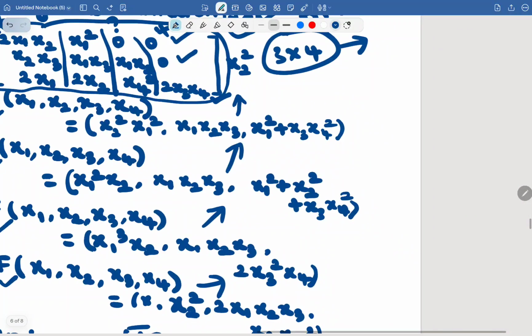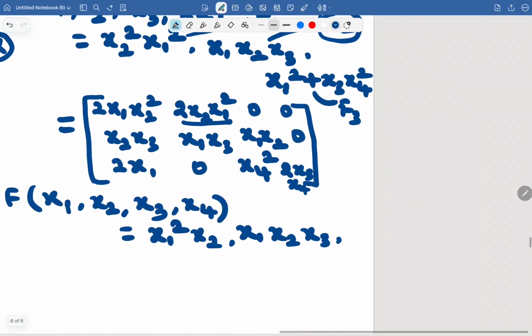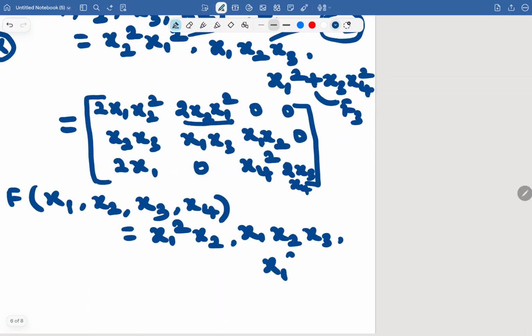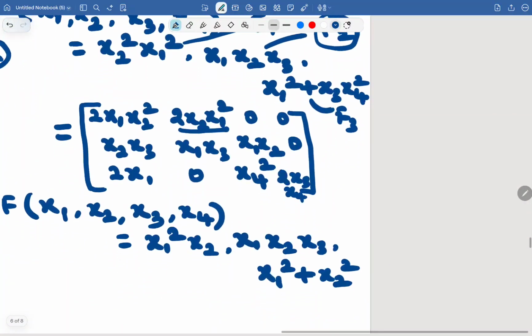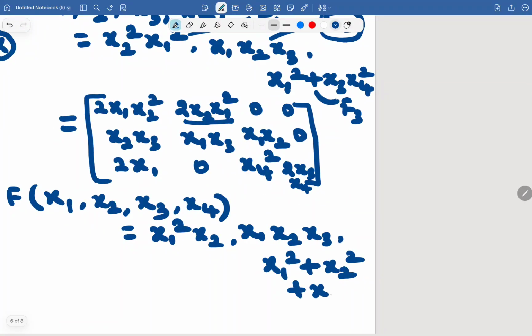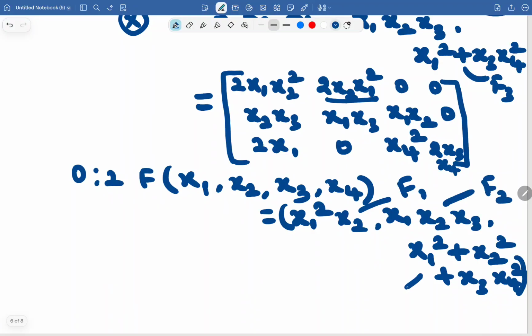Option 2: x1 square plus x2 square, x1 square plus x2 square plus x3 x4 square. Again, this is f1, this is f2, this one is f3.